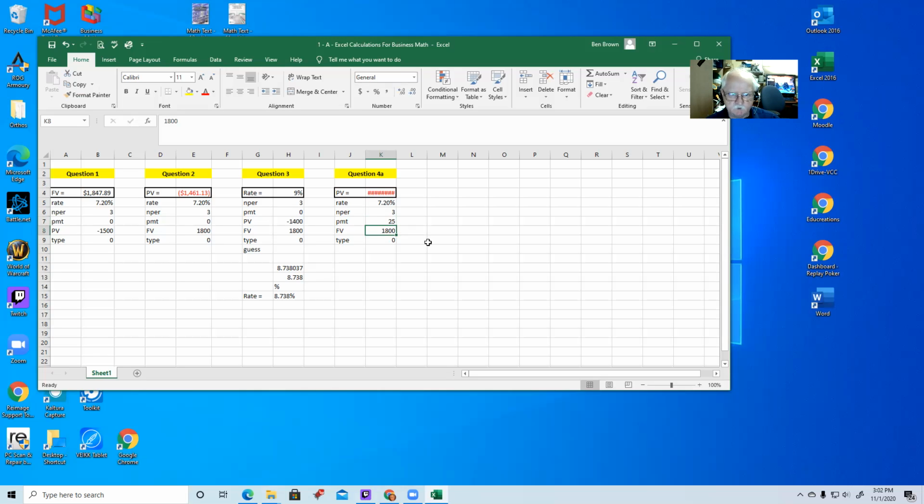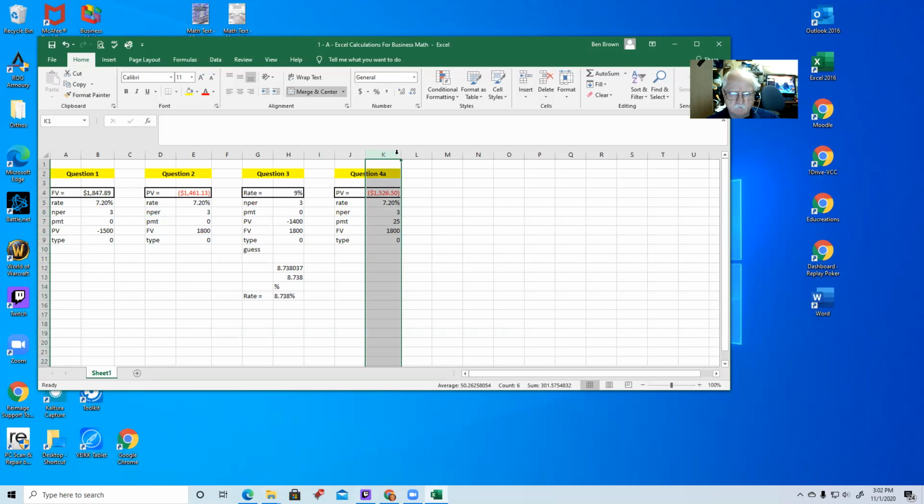We shouldn't have to worry about it, so we'll put 0 in for future value. And we're getting a payment of 65.37.